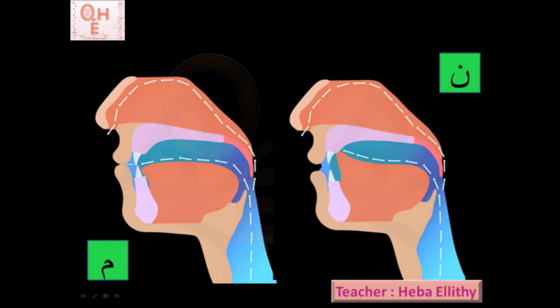It's something in between, closed in one area, but open and continuing from another area. We call this sound that comes from the nose here ghunna sound. You can go back to learn more details about Mim and Noon in the makhraj of Mim and Noon, the articulation point. I will put it for you as recommended in one of the videos at the end.